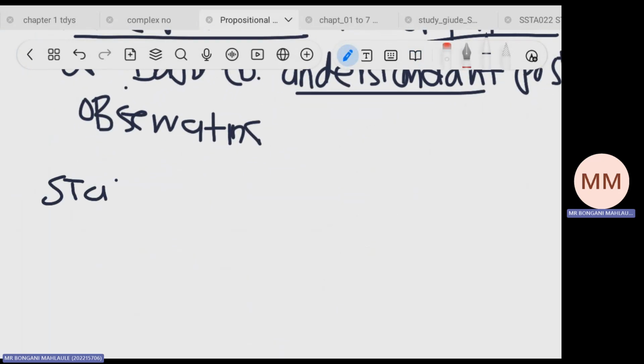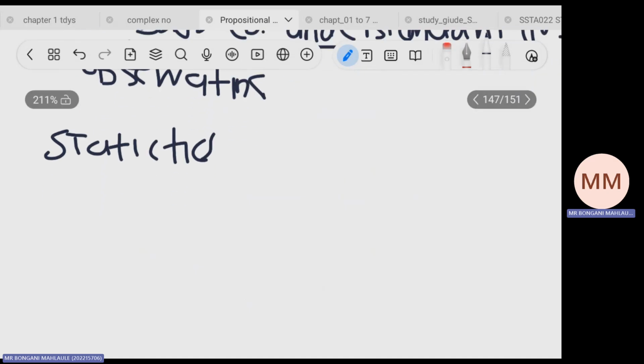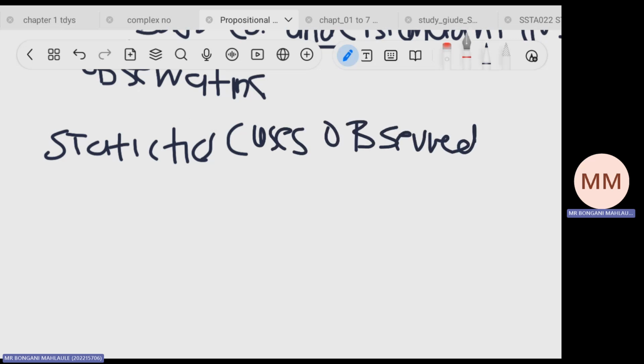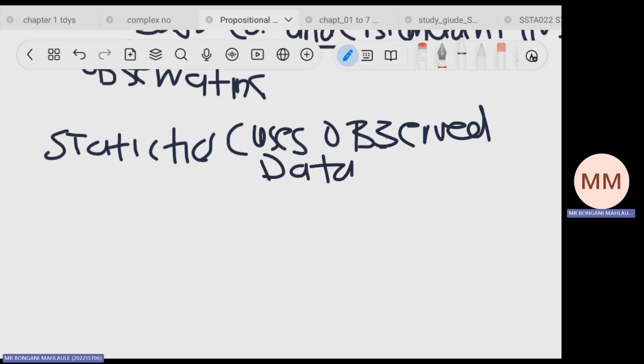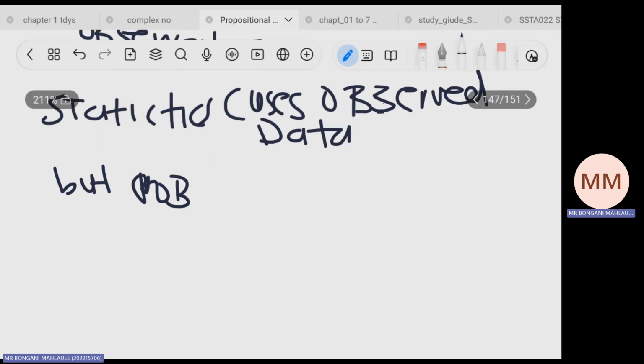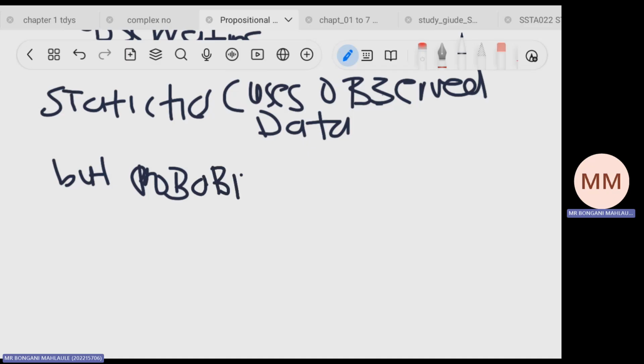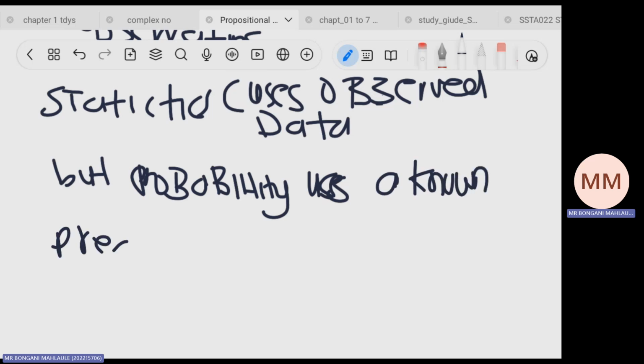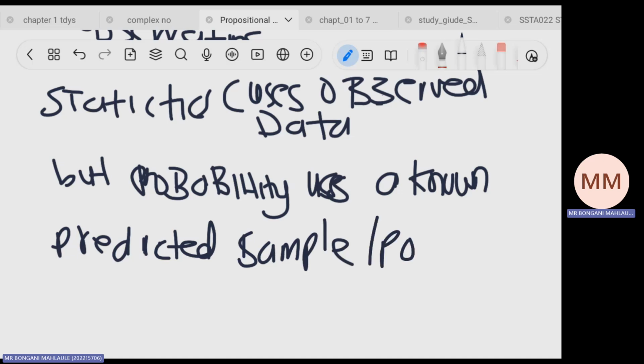So with statistics, here we know that statistics uses observed data, but probability uses a known predicted sample or population.